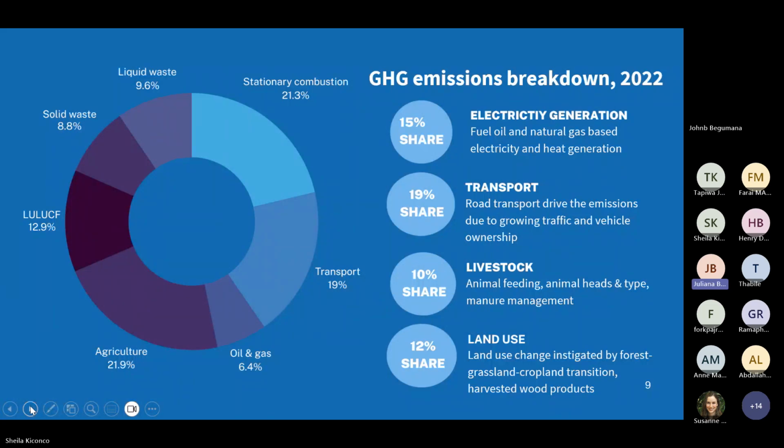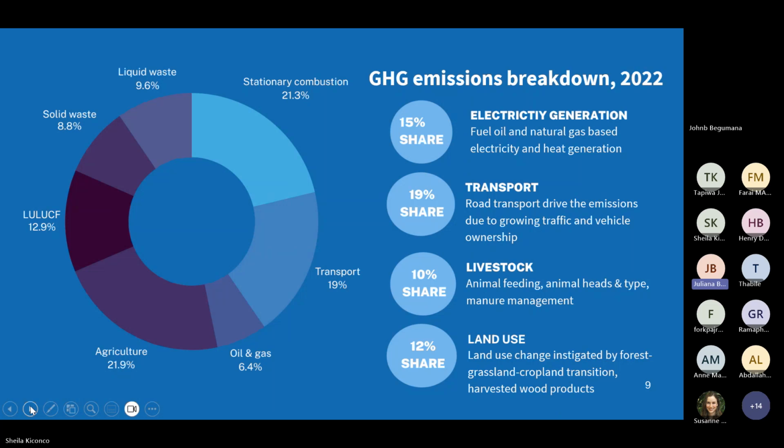This is a breakdown of emission contribution by sector for 2022. We have electricity generation being 15% of the total share, followed by transport, which contributed 90% of the total share. This was followed by land use at 12%, and then livestock contributing 10%.